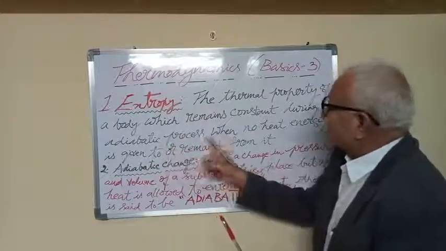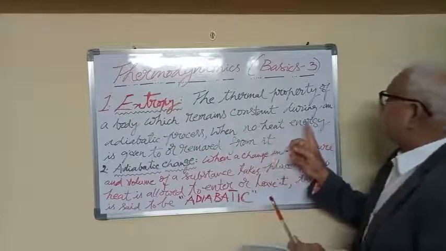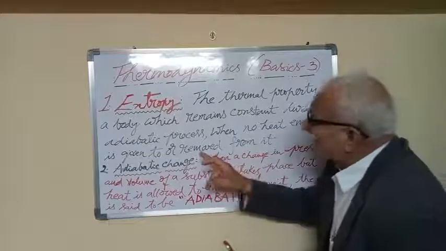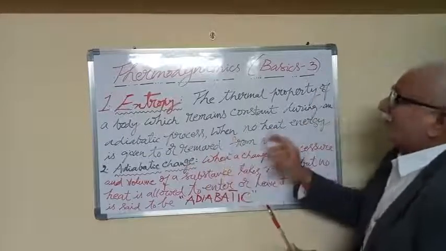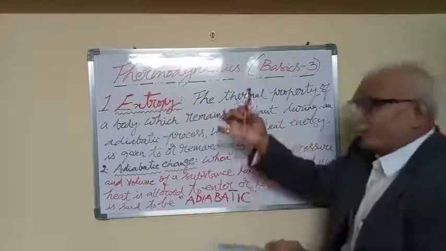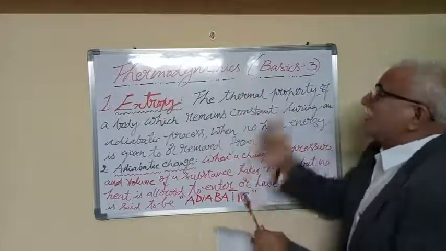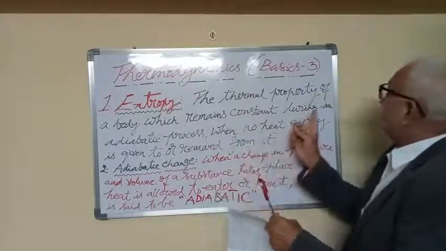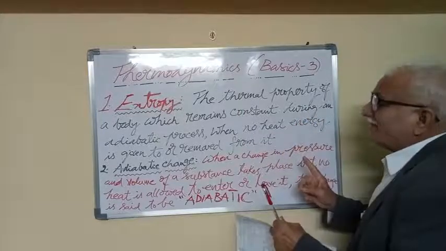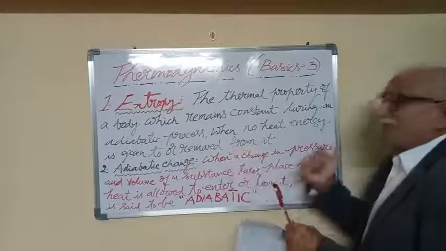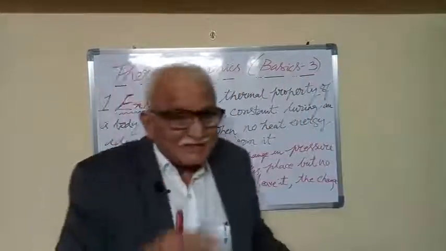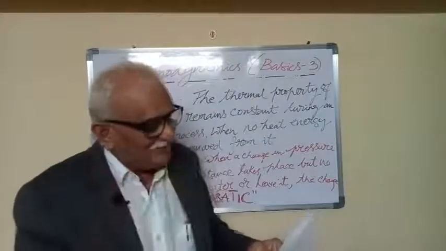During an adiabatic process, no heat energy is given to or removed from the body. The thermal property of a particular body which remains constant during such a process, that is what we call entropy. As far as its statistical definition is concerned, it is further simple.